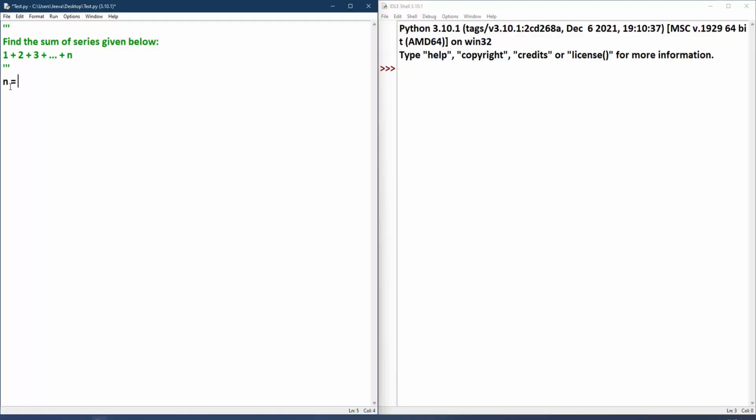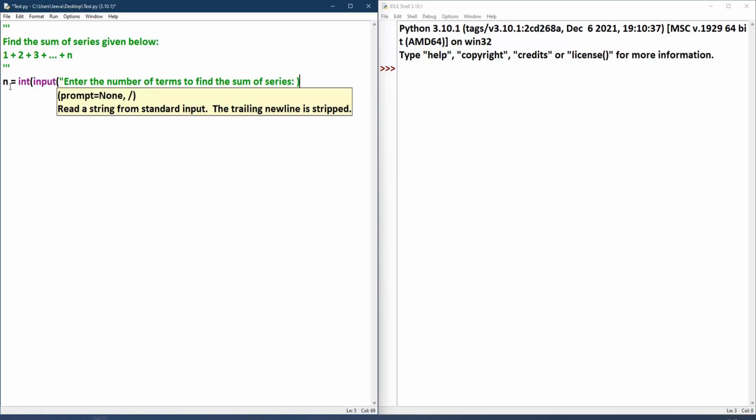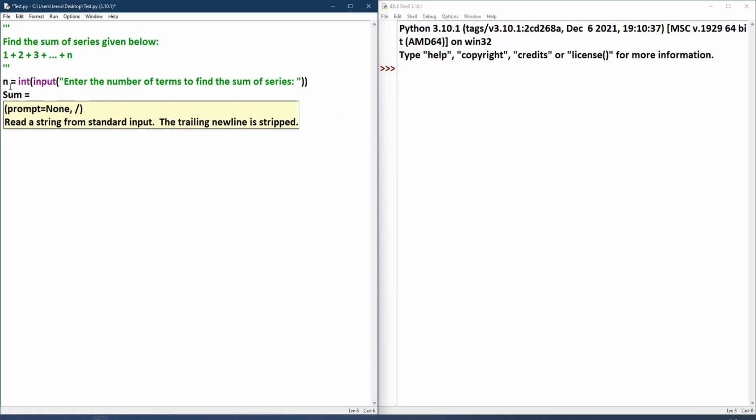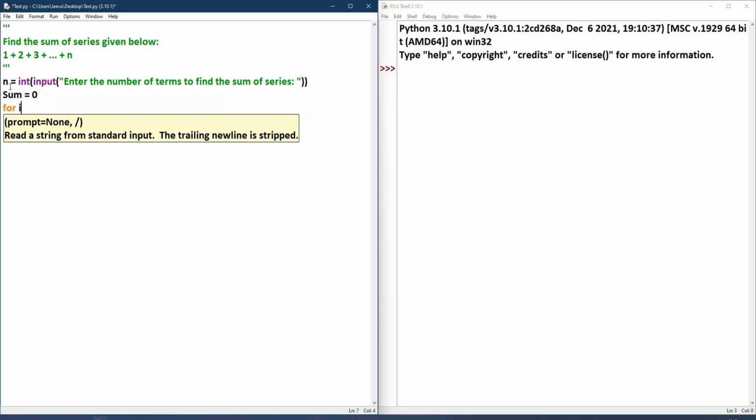Let us take the user input for n. Sum is equal to 0, for i in range 1 comma n plus 1.